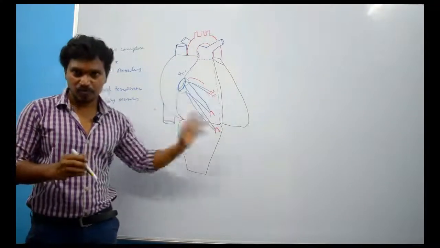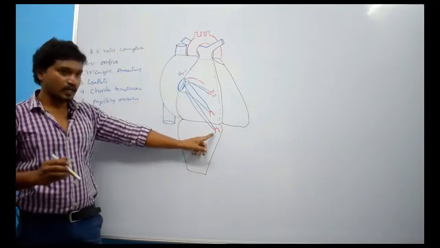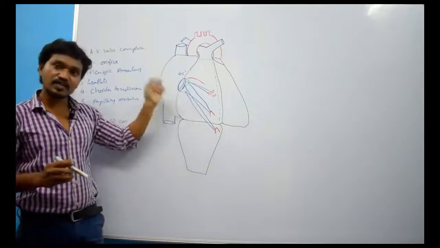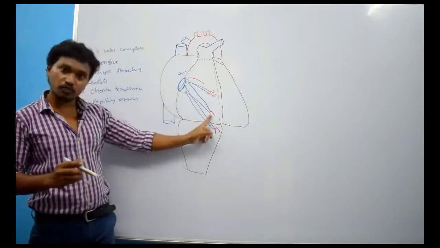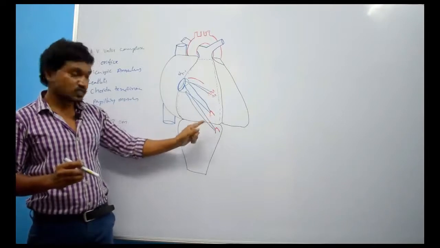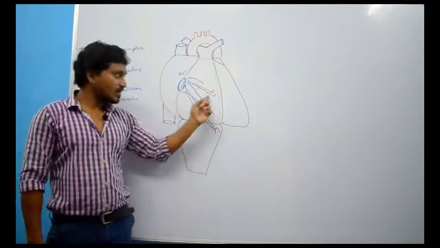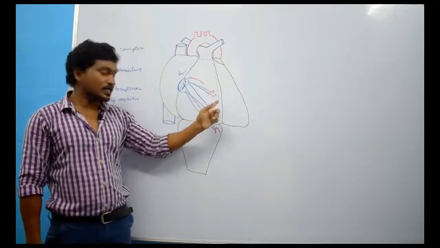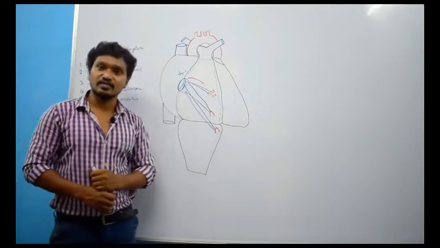Let me explain one more time. Chorda tendineae from the anterior papillary muscle connect to the anterior leaflet and also the posterior leaflet. From the posterior papillary muscle, to the posterior leaflet and also the septal leaflet. From the septal papillary muscle, to the septal leaflet and also the anterior leaflet.